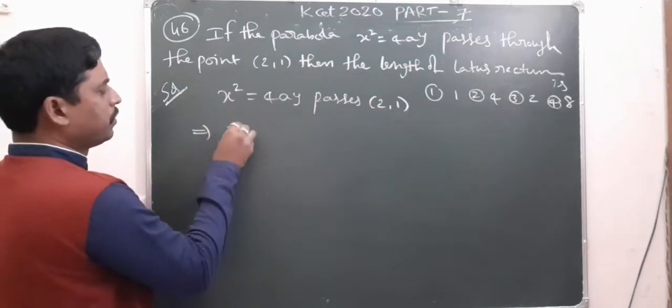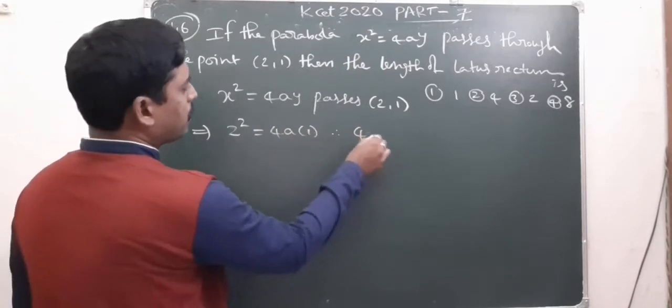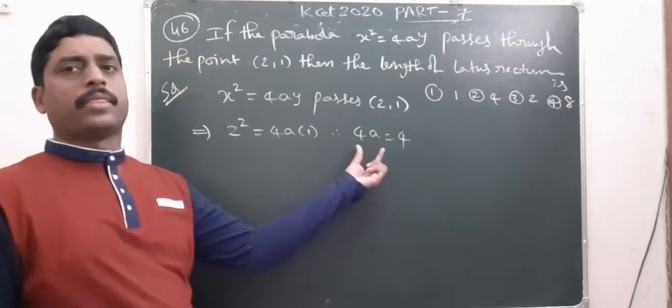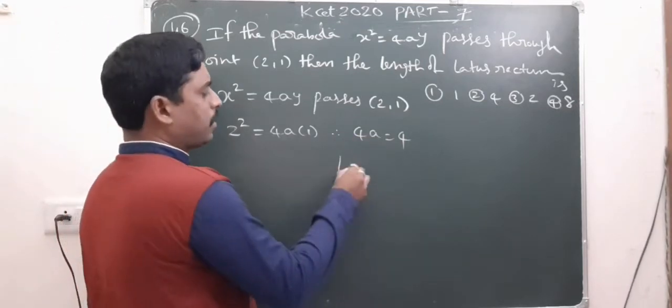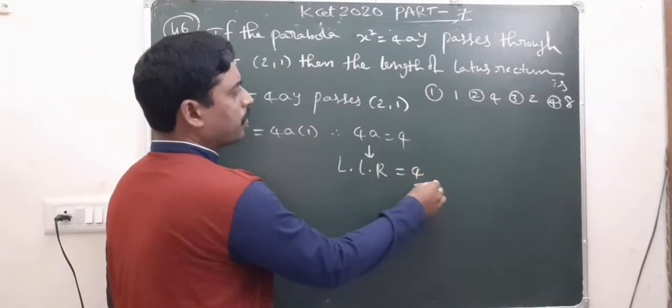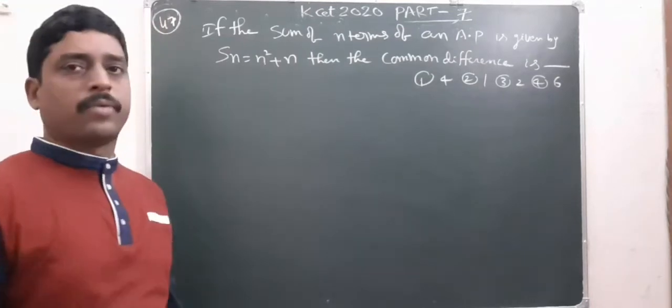This would be 2 square is equal to 4a into 1. Therefore 4a is equal to 4. So this 4 is the length of latus rectum. Option 2 correct.